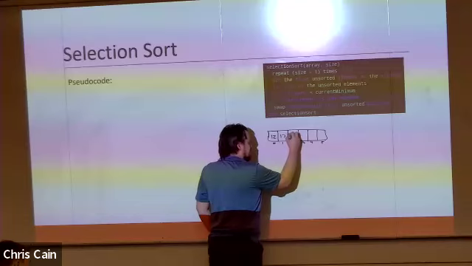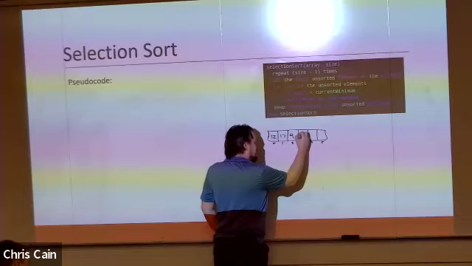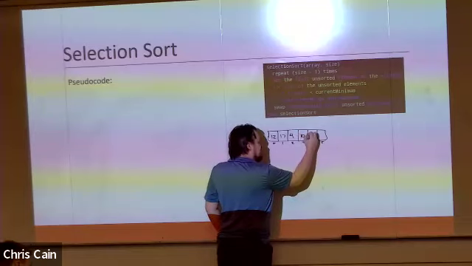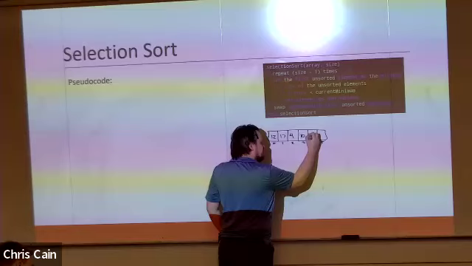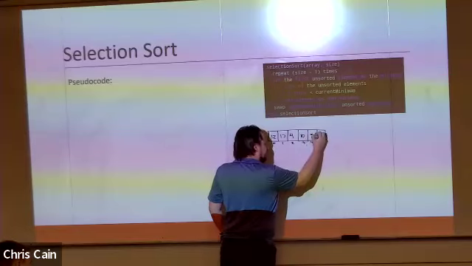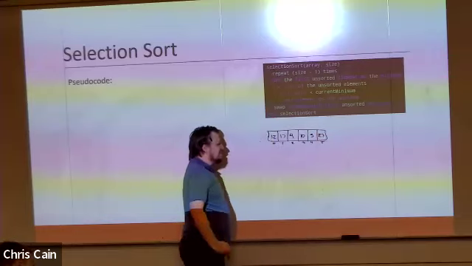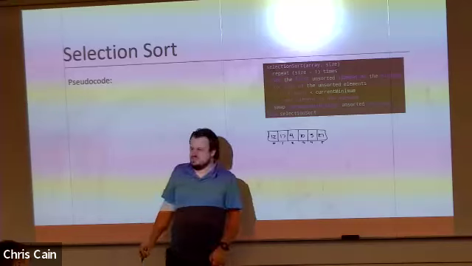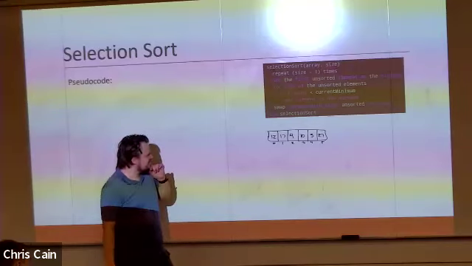What else? 4. 7. 2 more. 20. I heard 3 and what else? 27. Interesting. We're gonna have the largest element in the last position. We'll see what that does for us.